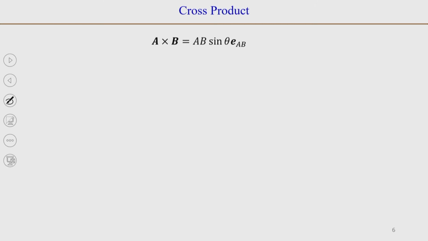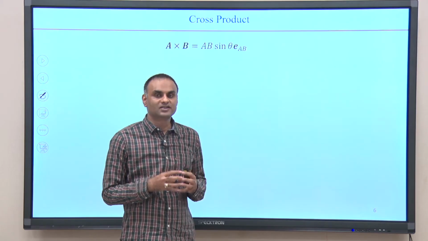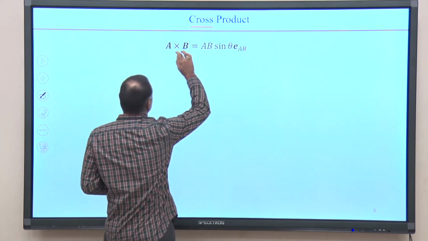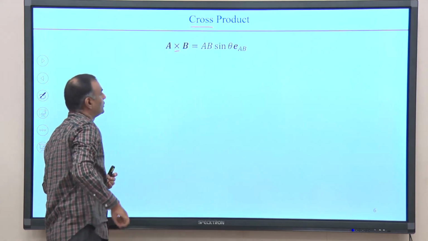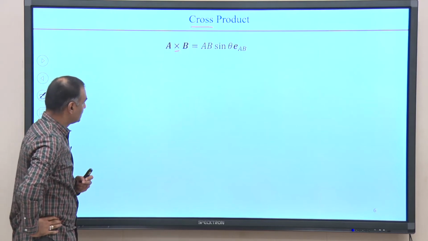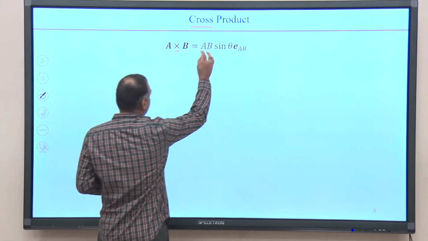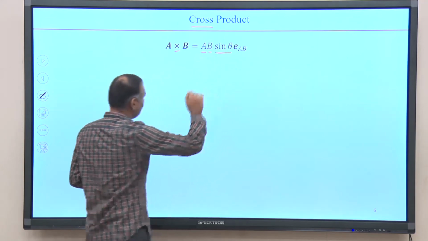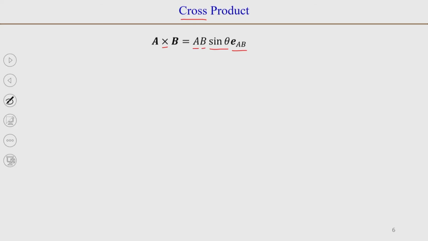Now, when we take two vectors and multiply them, and if the result is a vector, then what we call it is the cross product. So, the symbol here is a cross. So, A cross B is equal to magnitude of vector A, magnitude of vector B, sin theta, into a unit vector e_AB, which will be normal to both the vectors.